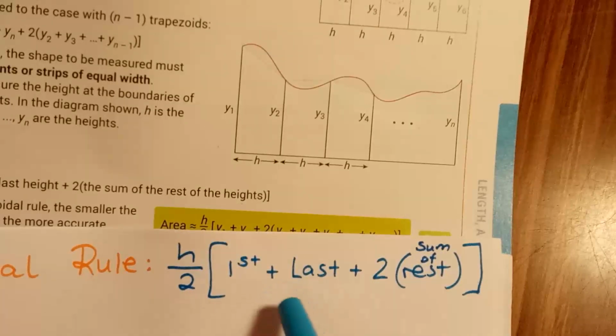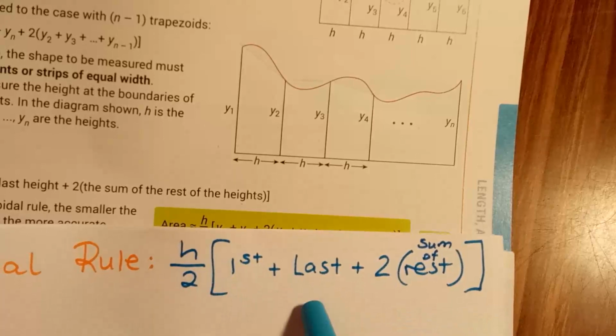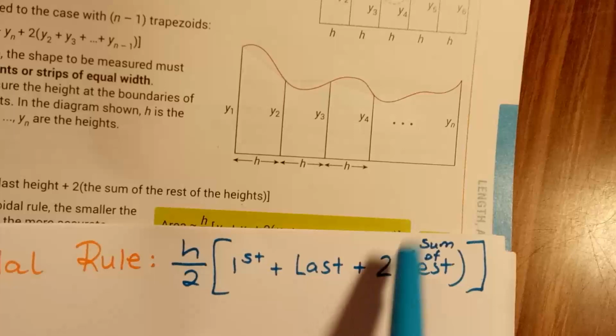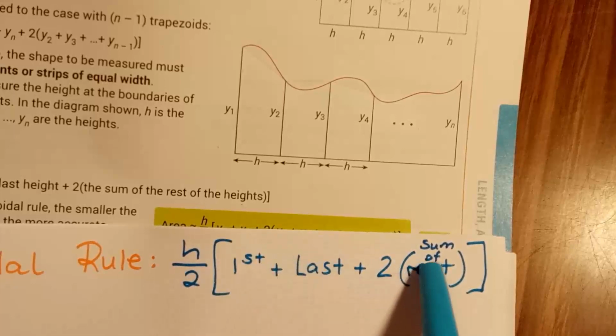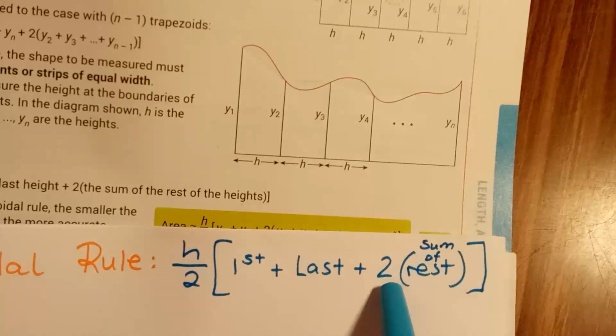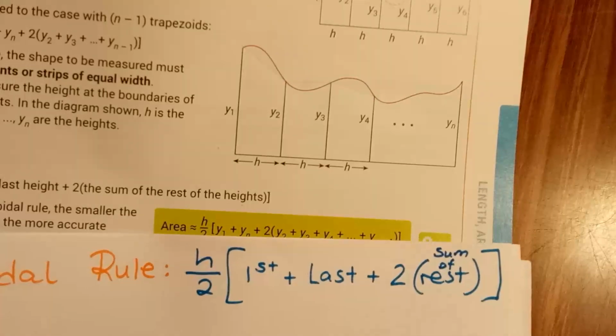This is where people actually lose this question, even at higher level Leaving Cert, because we have add the first and the last plus twice the rest. People very often add 2 to these two numbers. So add these together, add the bracket, so BOMDAS, brackets first, then multiplication, multiply the brackets by 2, and then add it to the first and the last terms. We'll do a couple of examples in a second to show you that.